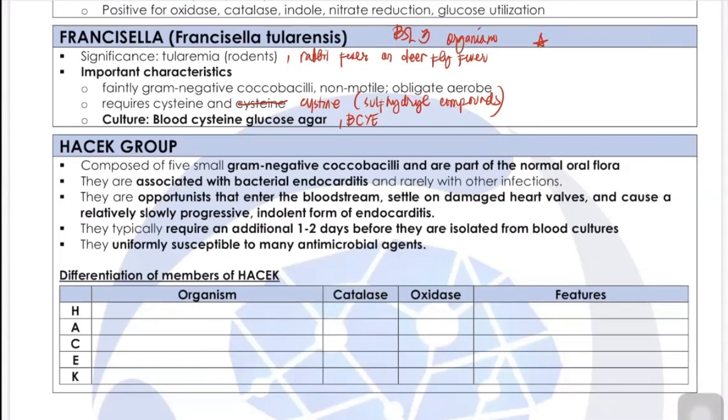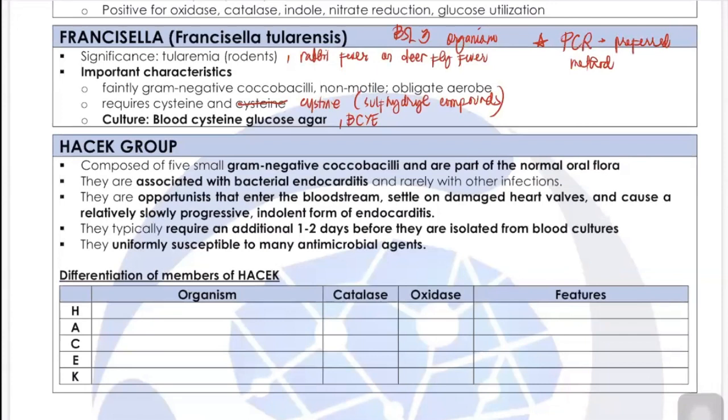Technically, direct fluorescent antibody staining could be useful, however, the most widely used method is PCR. So take note, this is the preferred method for the detection of Francisella.